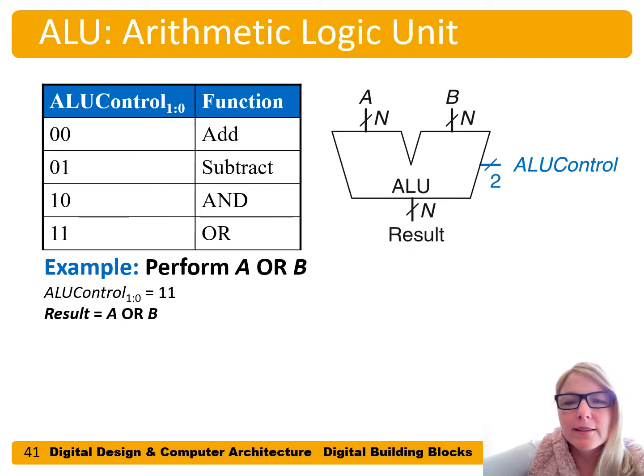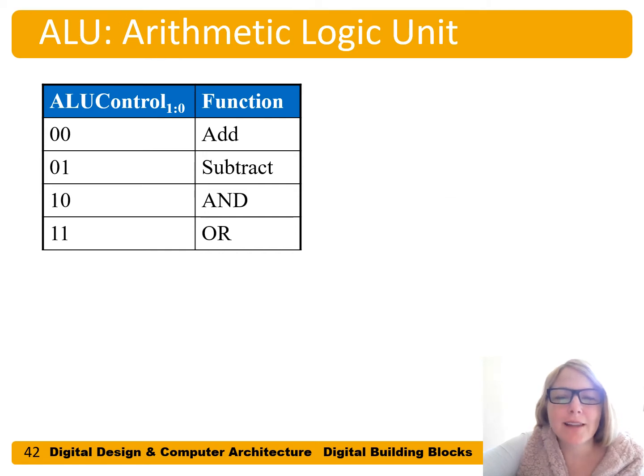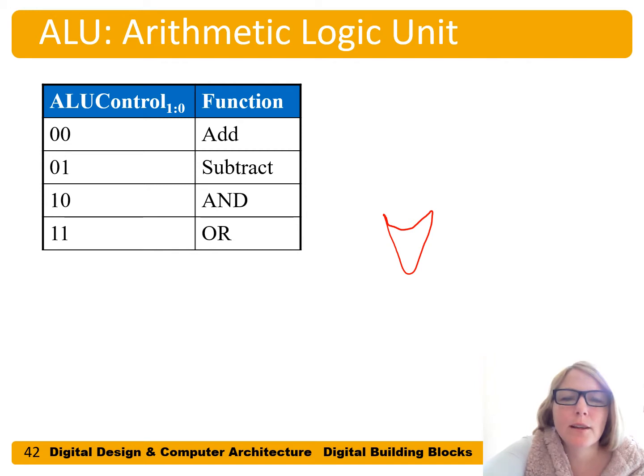So how do we build this? Let's build the ALU, starting with the OR operation. Here we have an OR gate, and we put in our inputs A and B, with N symbols to say those are N bits.